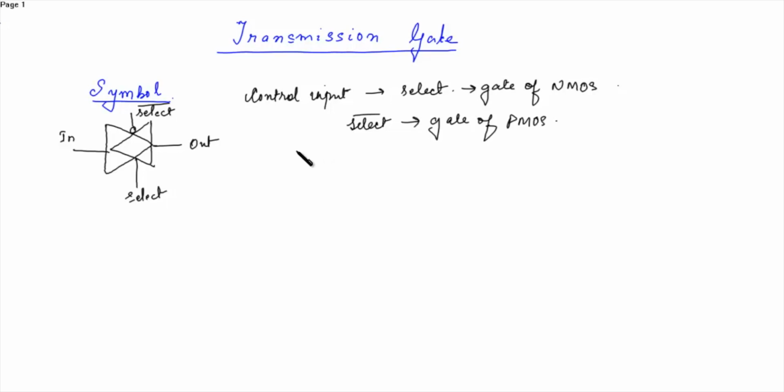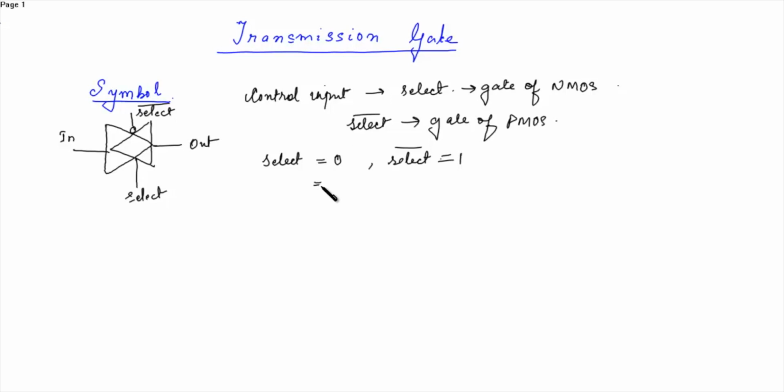So when the select is 0, then certainly the select bar will be 1. So if select is 0, the NMOS will be off. Select bar is 1, then PMOS will be off.